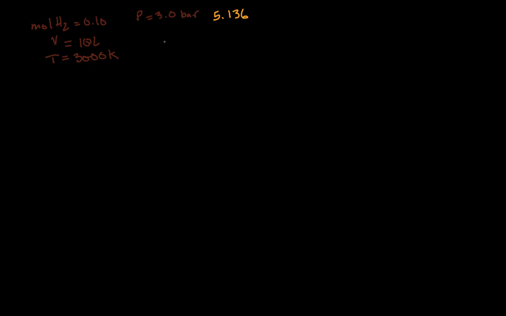R is a constant, so let's find our final moles. What we're calculating is the moles of H2 plus the moles of H, which is going to be equal to PV over RT, our good old friend.